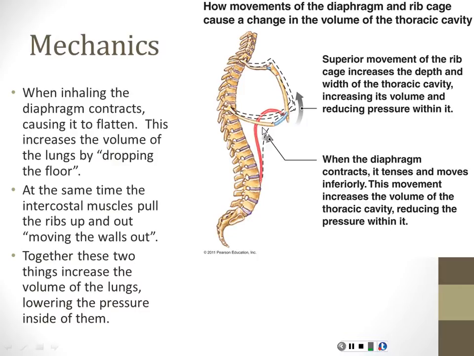That's the root of it. That's the basics of pulmonary mechanics. Muscle increases the volume of the lungs, and then when those muscles stop contracting, the lungs recoil, go back to their original smaller size, and the opposite happens. Then the pressure goes up because the volume went down, right? So that's the basics of the mechanics. Up and out, down and flat.